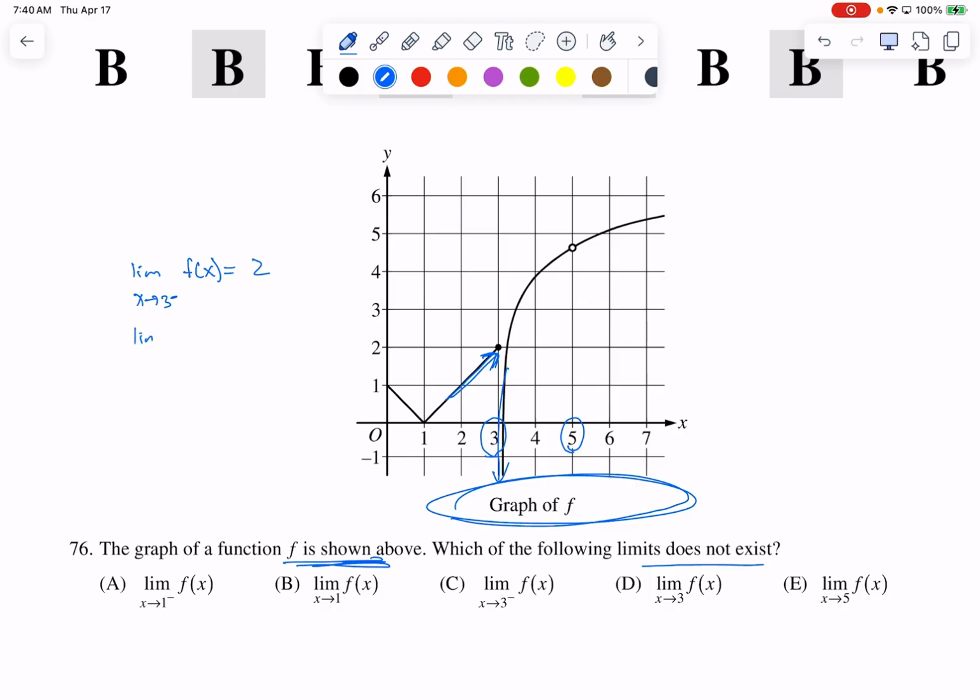And the limit as x approaches 3 from the right of f of x is what? So that's where the left and right do not agree. So that's the one where it'd be D and E. So the answer is, which of the following does the limit not exist? 3 from the left exists. That's 2. That was a little bit of a trick question. So the answer is D, because it's where the left and right agree.